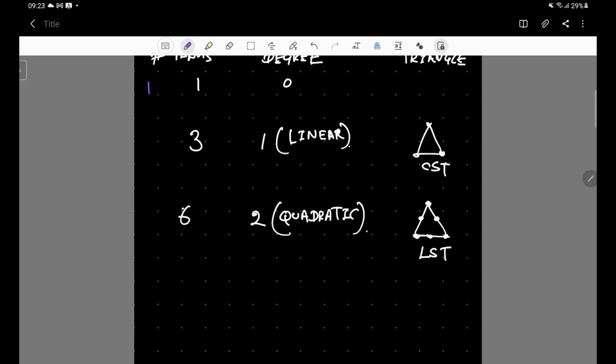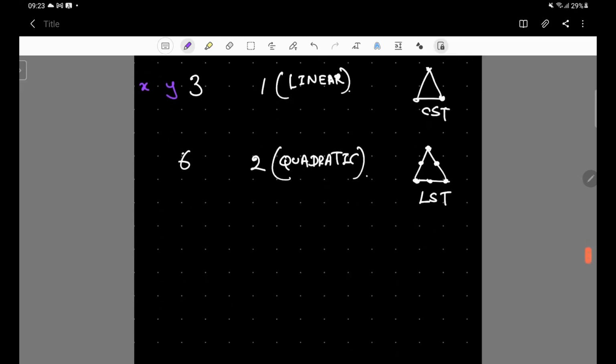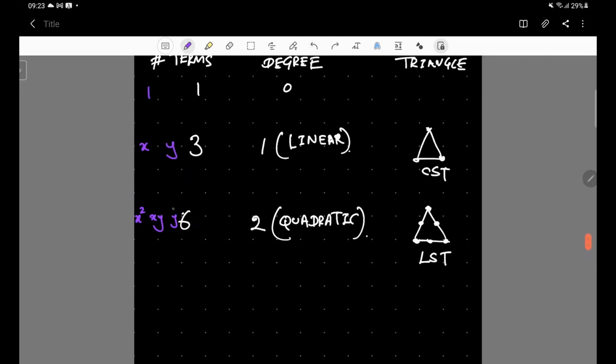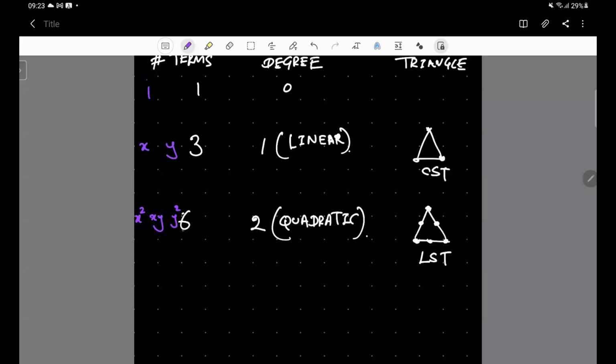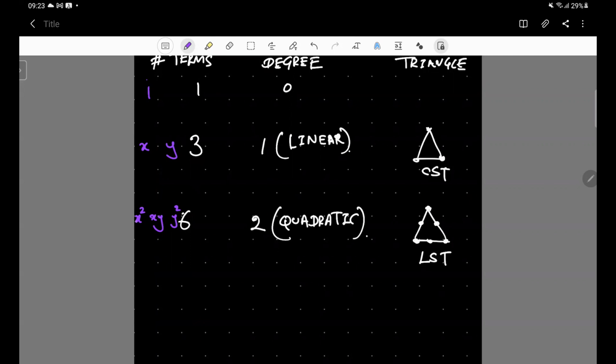For a constant term, we have only one term, whenever we have a linear function, we have 2 more terms, x and y, and a quadratic function always comes with such types of terms. So there would be 6 components if we consider the Pascal triangle: 1, 2, 3, 4, 5, 6.